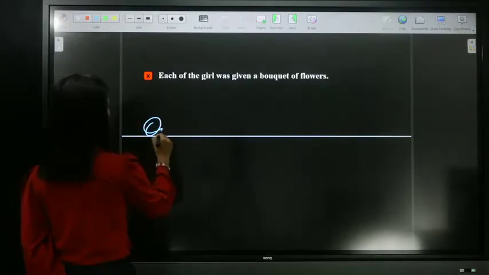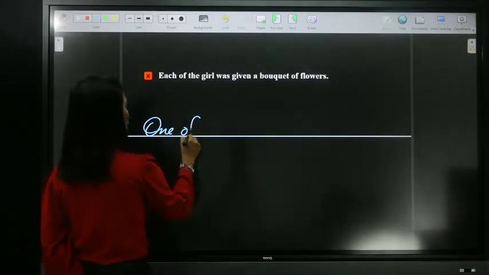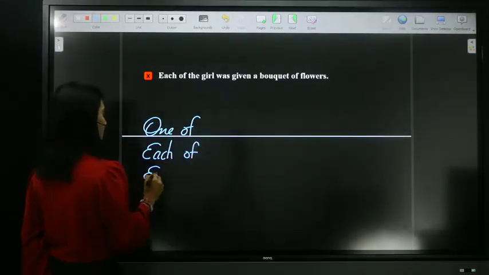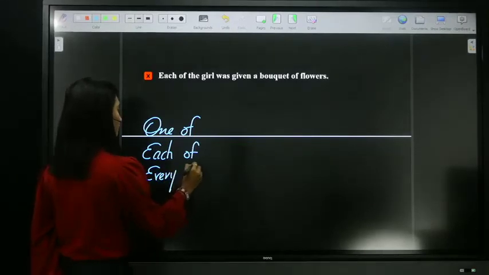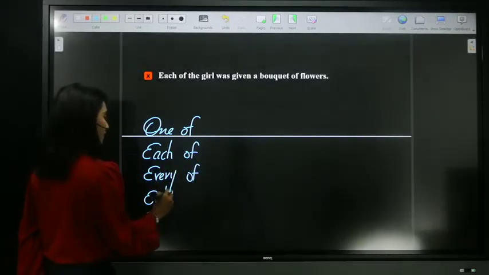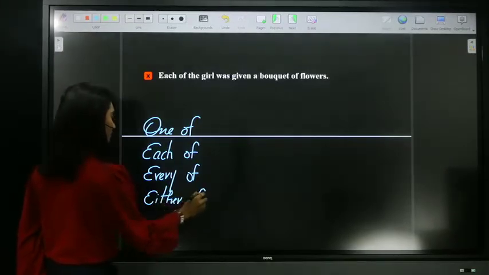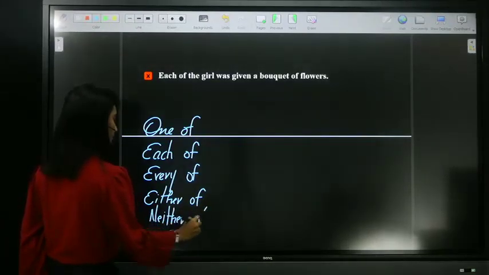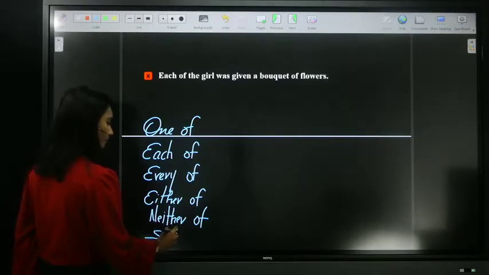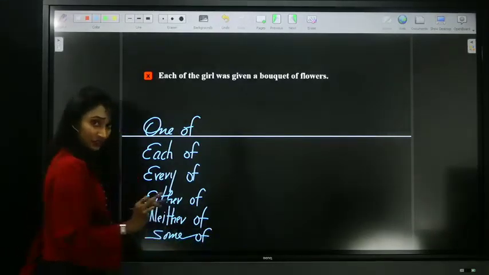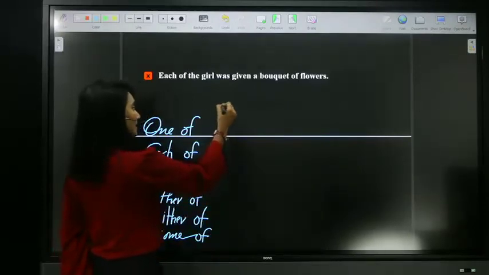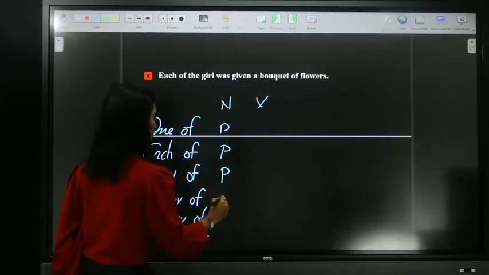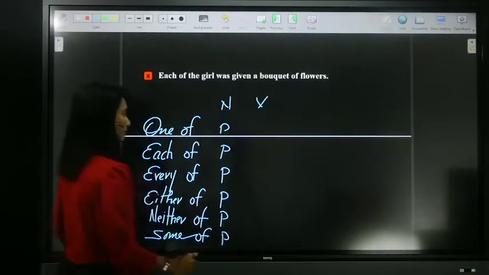If you remember, in nouns I told you: one of, each of, every of, either of, neither of, some of, many of, etc. They always take a noun in plural, because we are discussing one of many.